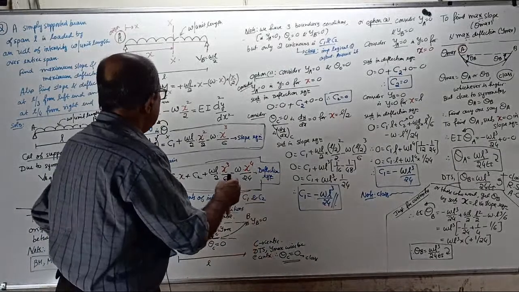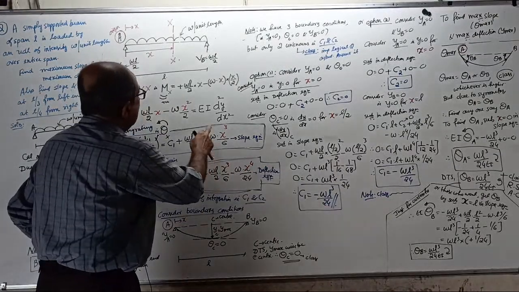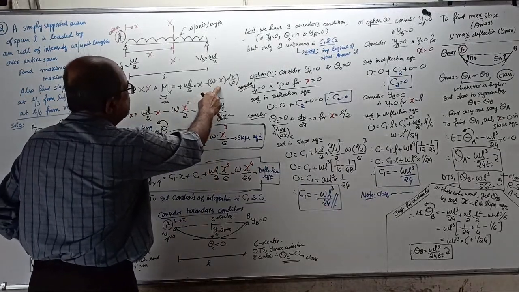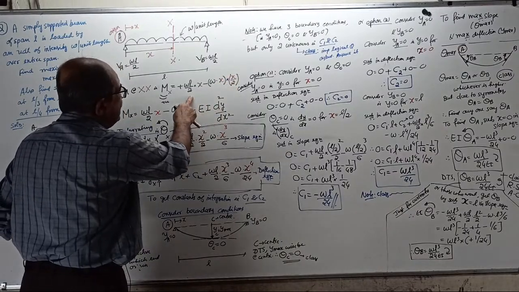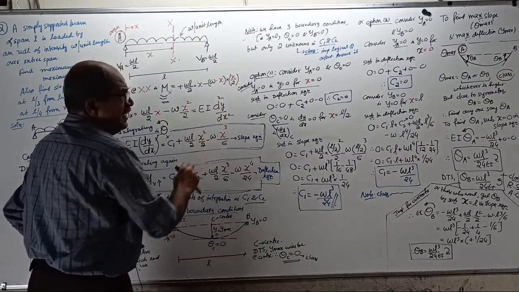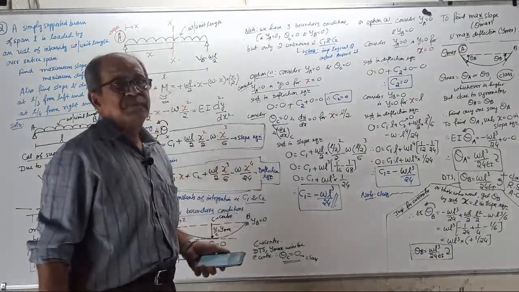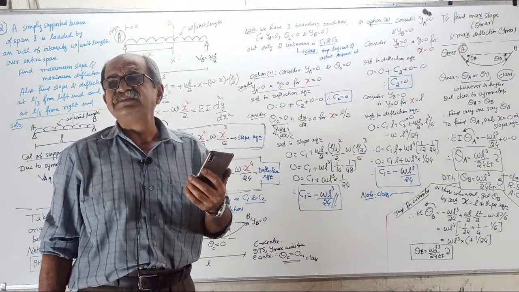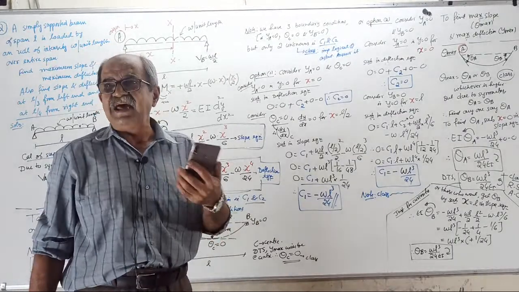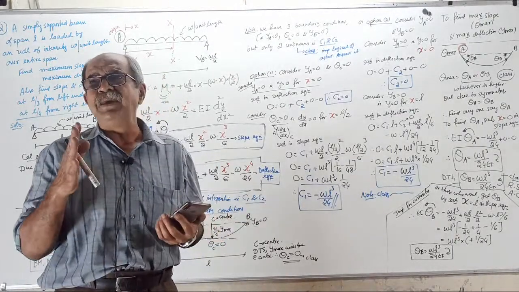Somewhere here, w x into x square by 2, there was a number mistake. Because of that one answer did not tally. Then finally it tallied, but still I am not happy about it.